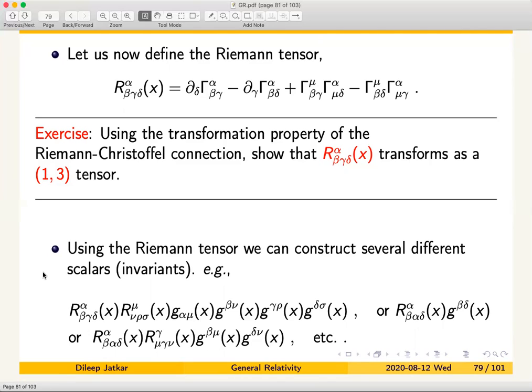The only thing is that you may find some invariants more convenient to use than others, and which one you want to use can be your choice. You may not want to use some 20th power of the Riemann tensor, but you may want to use the Riemann tensor quadratic or cubic maybe, right? That kind of stuff.